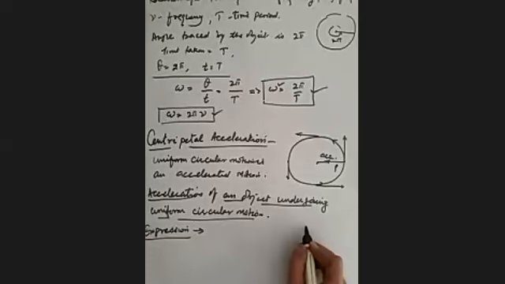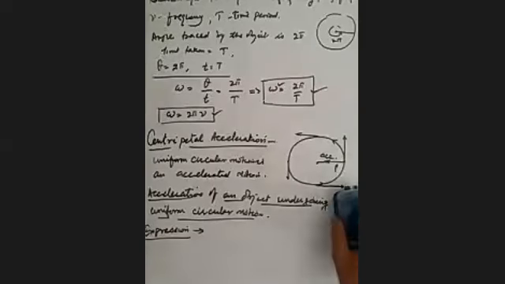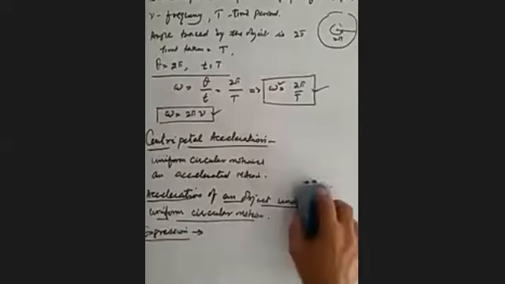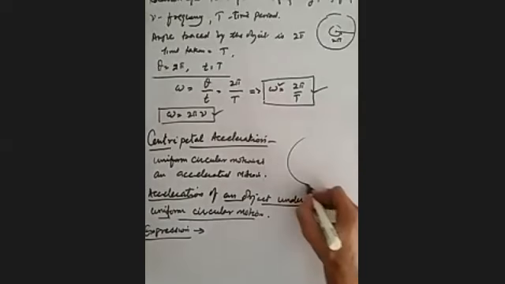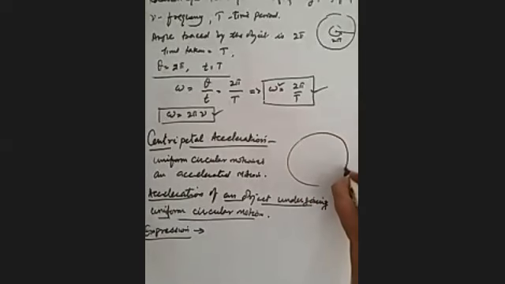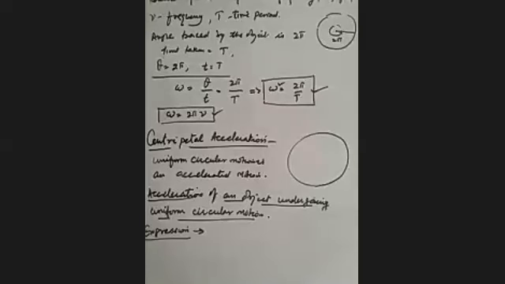Once again, consider a particle. I'll draw it here once again. Let us consider a particle of mass m moving with uniform speed on a circular path.